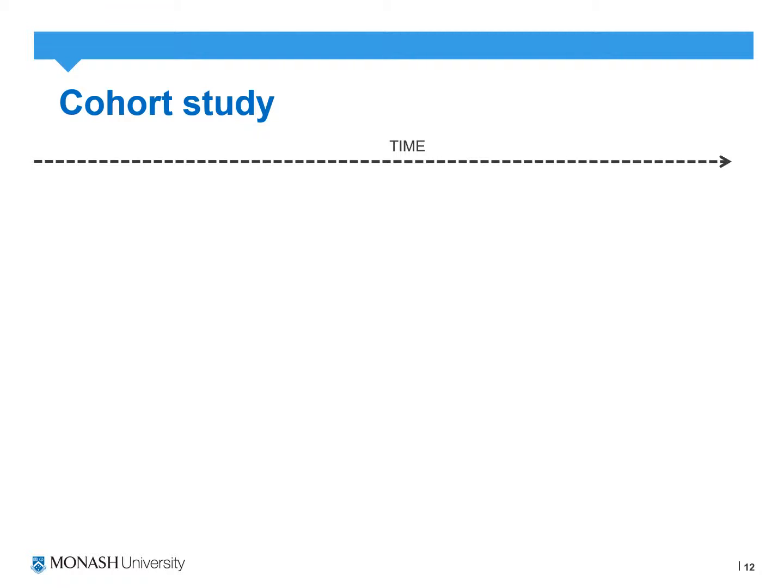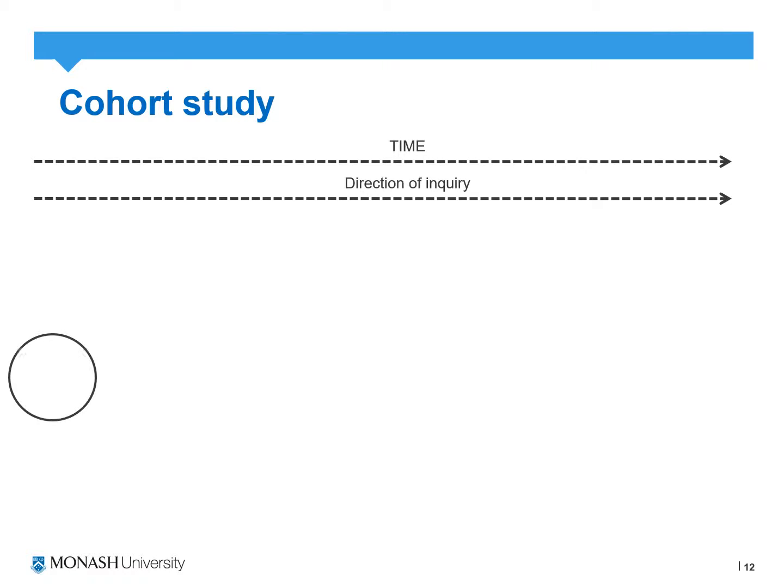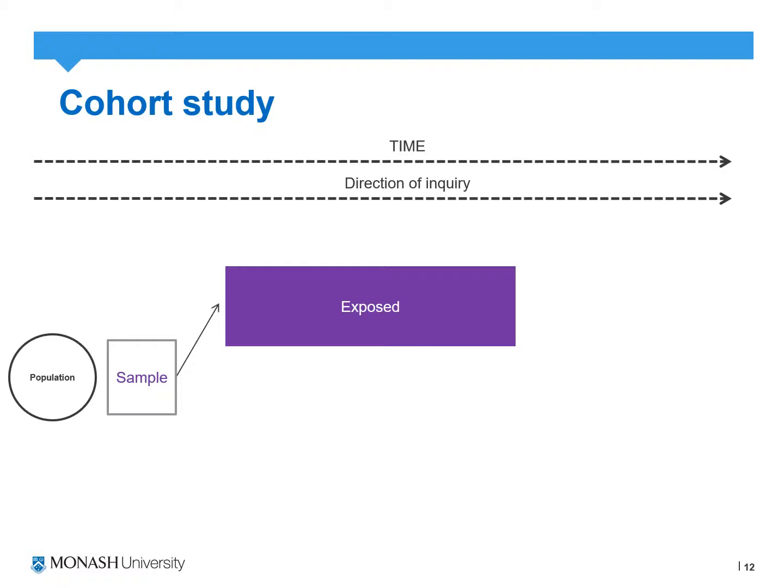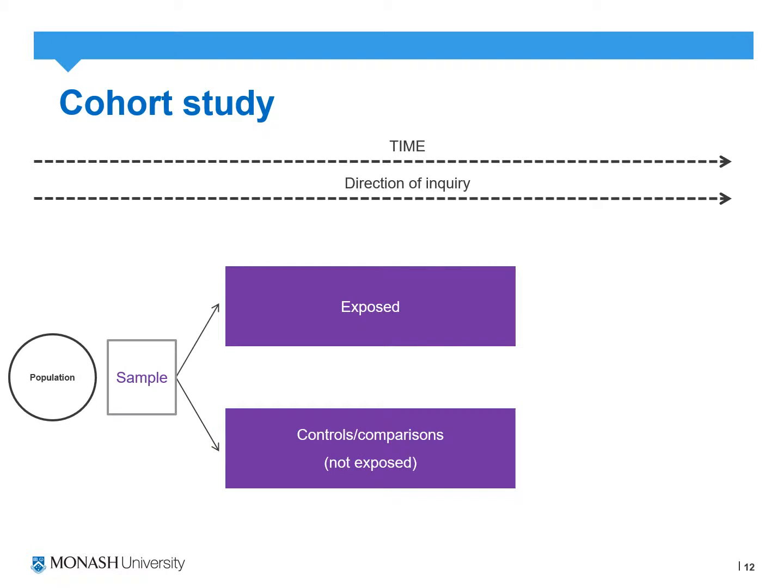So here we have a graphical representation of a cohort study. We're moving forwards in time, and our direction of inquiry is also prospective. We have our population of interest. From that, we take a particular sample, and then we identify those that were exposed to the intervention or risk factor or activity, and those that were not.